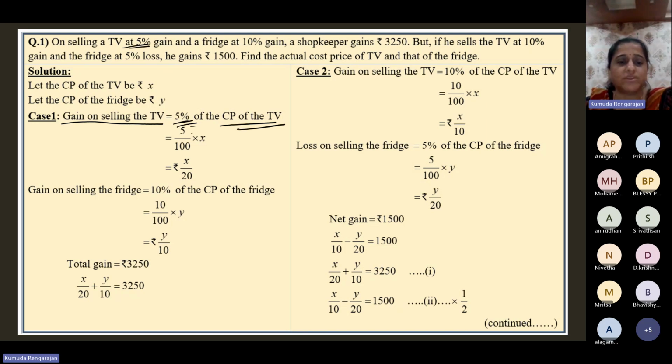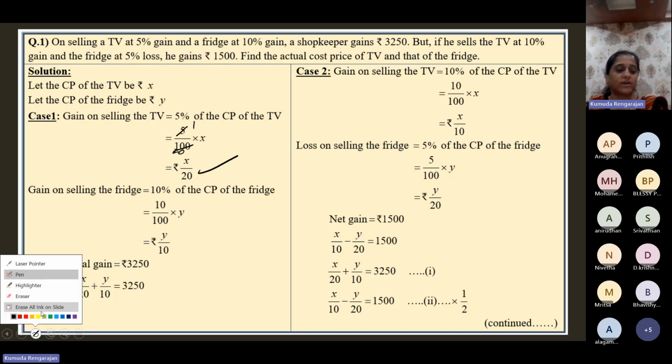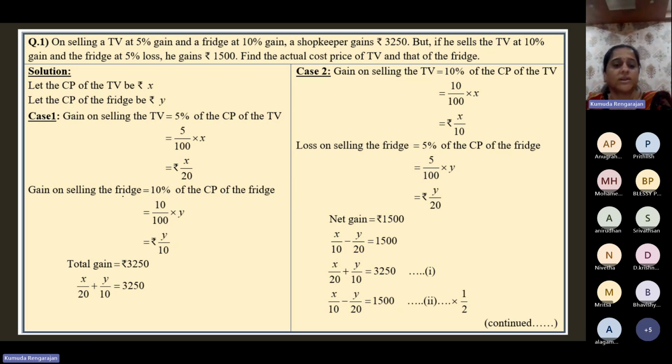So 5% means 5 by 100, of means into, and the cost price of the TV is X. When you cancel, 5 ones are 5, 20 times is X by 20. The gain on selling the television is X by 20. Gain on selling the fridge is 10% of the cost price of the fridge.